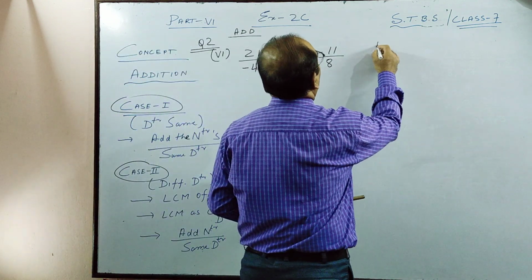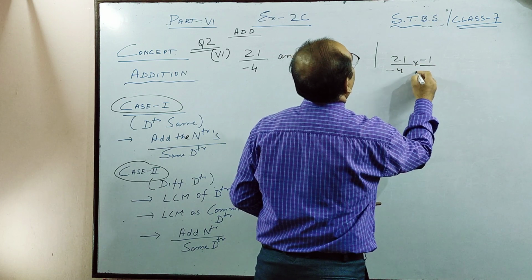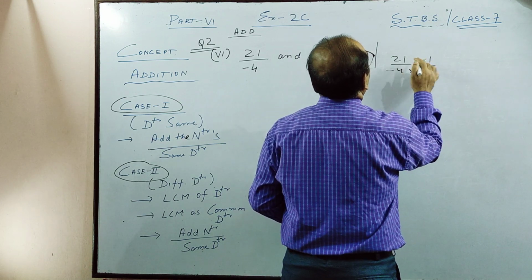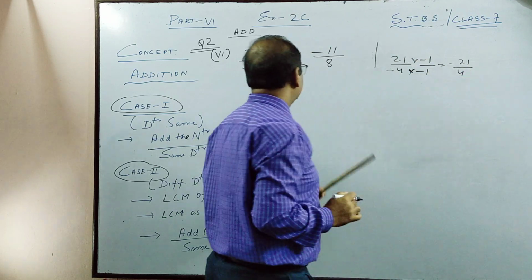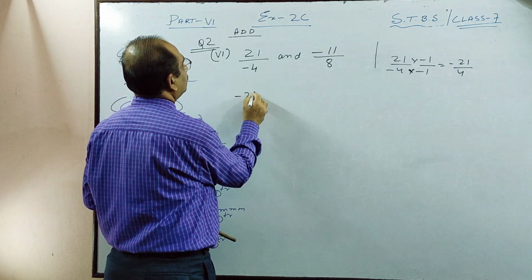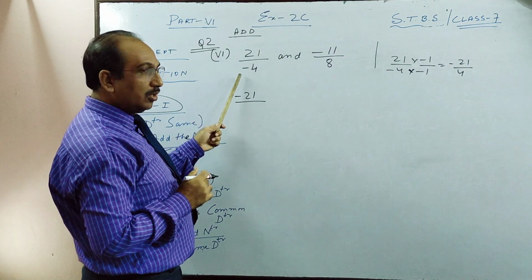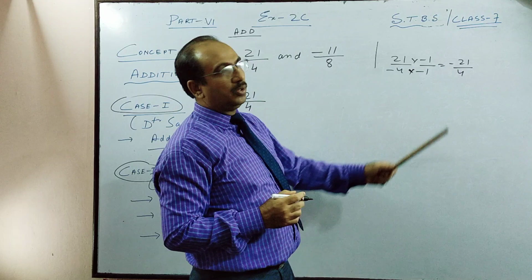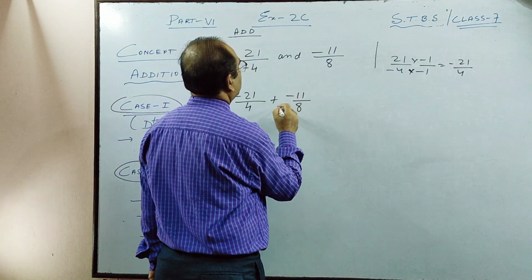I'll show you how. 21 by minus 4, we multiply by minus 1 and minus 1 to get minus 21 by 4. Just remember one thing, that if the denominator is minus, you can write it in the numerator.